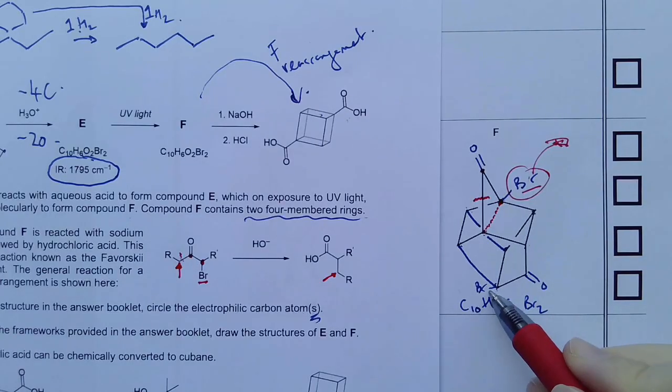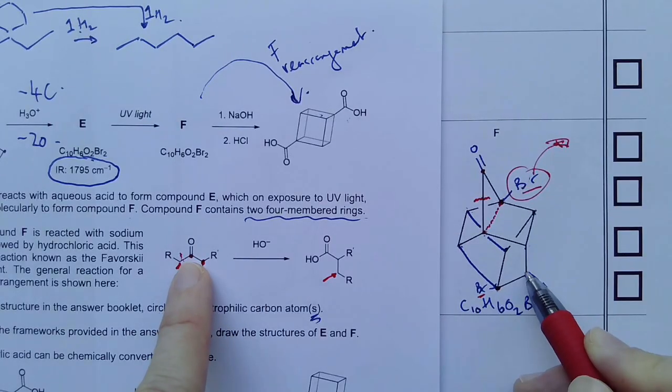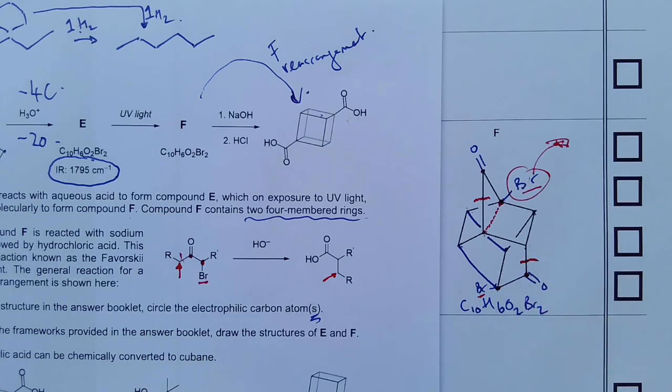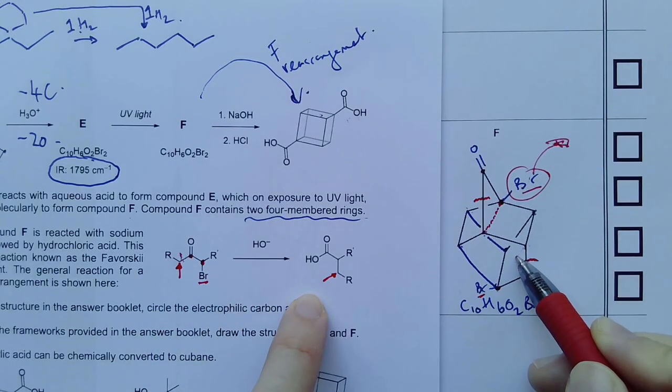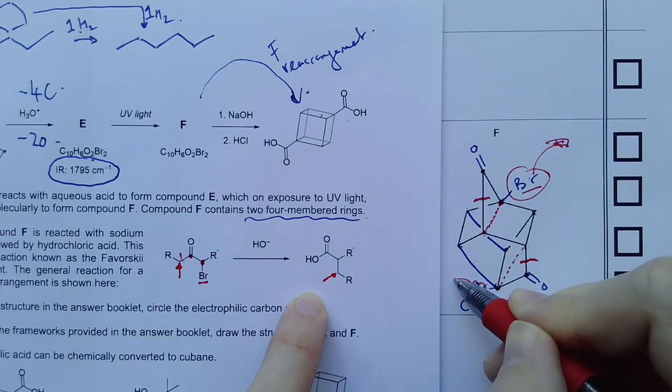And I can do the same down here. I've got my bromine, I've got the next carbon, I've got the carbonyl carbon, and then this one breaks. That one breaks, and then this carbon, the next one along, binds to where the bromine was, and the bromine is gone.